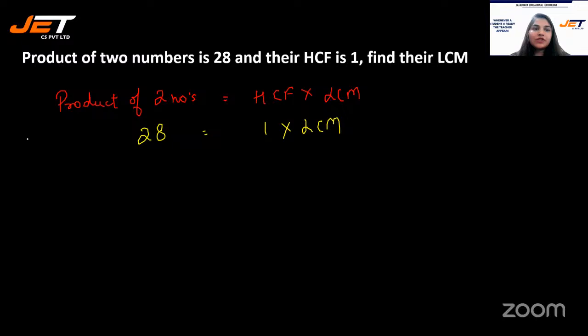So this is the equation that we see. Here we can say that the LCM is 28 only. HCF times LCM is 1 times LCM, which is 28, because 28 divided by 1 is 28.